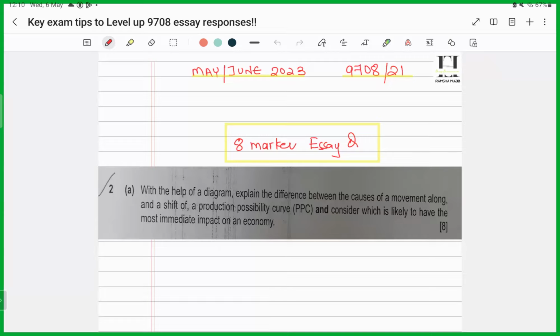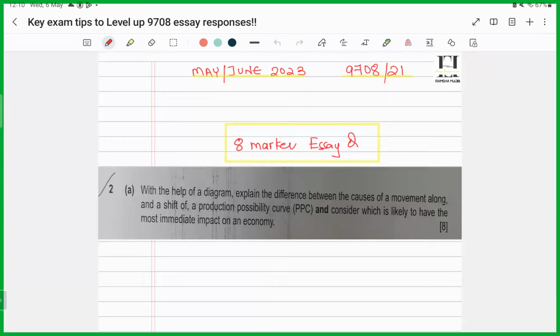The question says, first, it's an 8 marker. It's an essay question. The question says, with the help of a diagram, explain the difference between the causes of a movement along and a shift of a PPC, and consider which is likely to have the most immediate impact on an economy. Now, it's an 8-mark question.